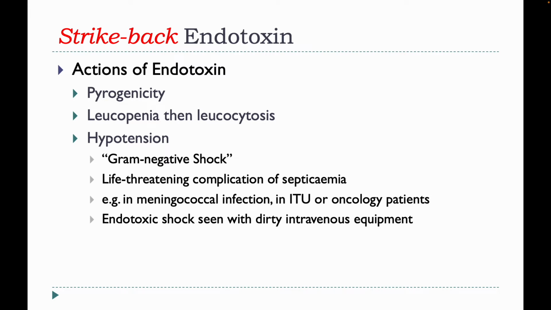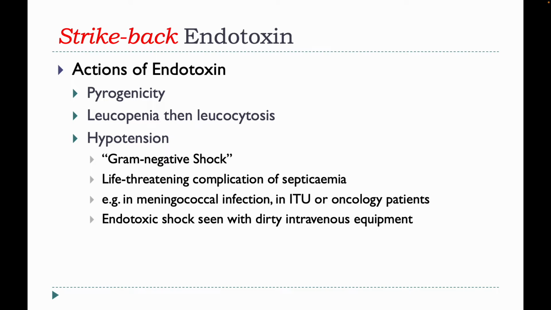Pyrogenicity affects the white cell, so white cell rates go down and then they can come up again. If you get large amounts of endotoxin in your bloodstream, your blood pressure drops, and we call this endotoxic shock. It's actually a feature of gram-negative shock. In the early days when people tried to give intravenous fluids, stick a cannula in your arm and give you some saline, it was bedeviled by the fact that it was very difficult to get rid of endotoxin that was just contaminating the products.